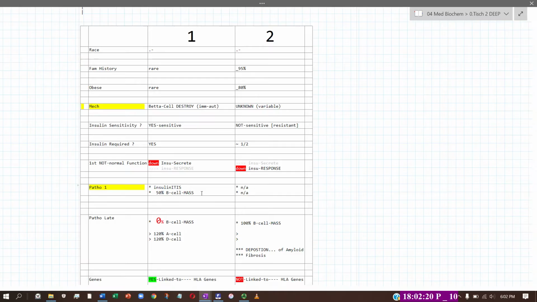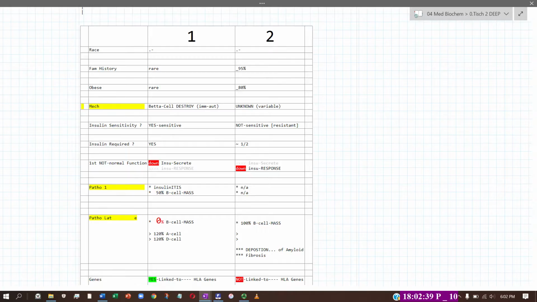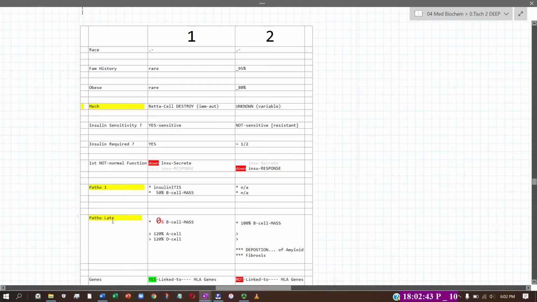So I just picked 50 as a way to symbolize the decrease in the beta cell mass, and later it starts to get very severe, late pathology.